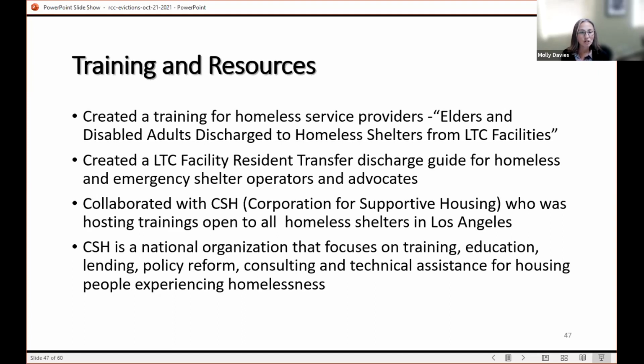CSH is a national organization that focuses on training, education, lending, policy reform, consulting, and technical assistance for housing individuals who are experiencing homelessness. So you may have a CSH partner that you could reach out to, and I'm happy to get you connected if I can through my contacts at CSH. They've been wonderful partners.